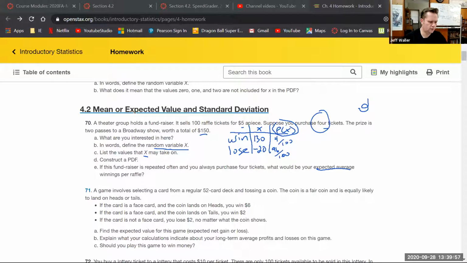Oh, 36.42. Okay, all right. And then you can do the expected value very easily, right? There's another situation in here somewhere where you have to set up your own table. But if you can set up the x's and the p of x's, then you just multiply, add, and find the expected value, the average.